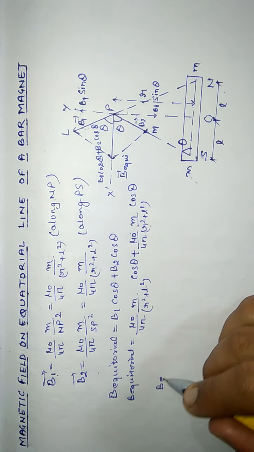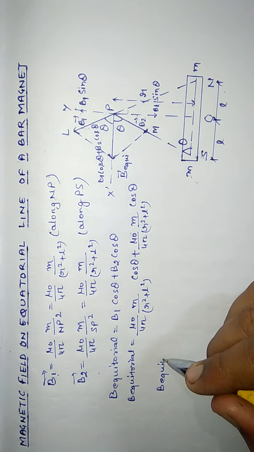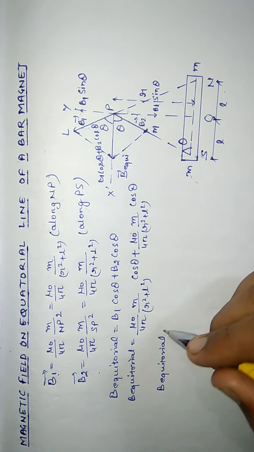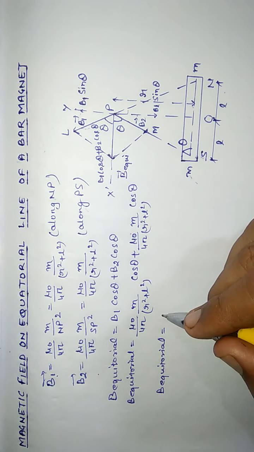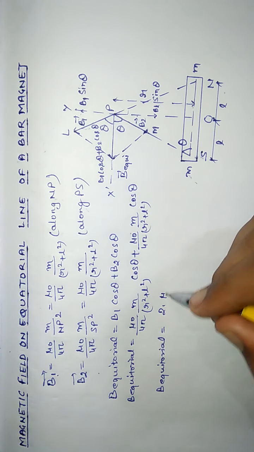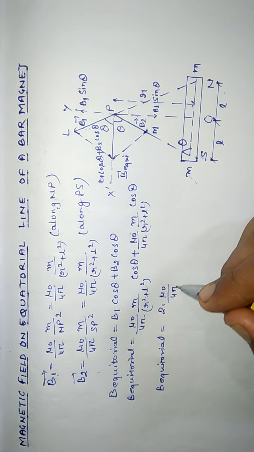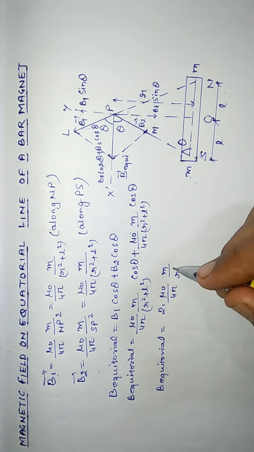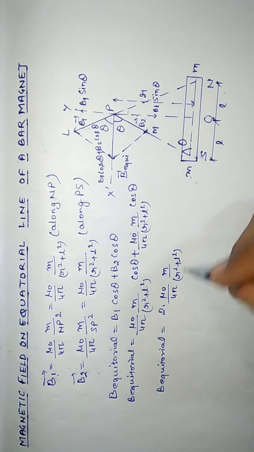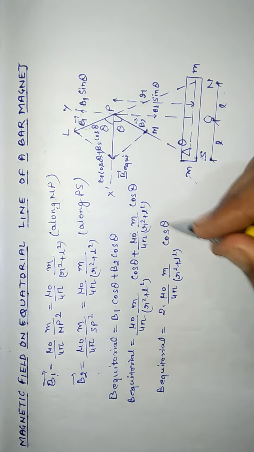So B equatorial is equal to 2 mu naught upon 4 pi m upon r square plus l square into cos theta.